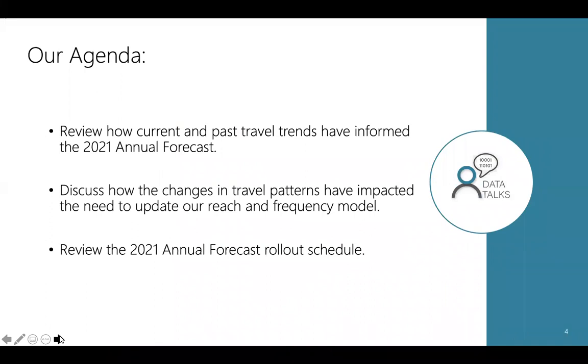And two, that groundwork really helps inform what we're going to be talking about today in terms of the reach and frequency and how those changes in travel patterns have impacted the need to update our reach and frequency model. Then we'll finish up with a review of the 2021 forecast rollout schedule for the next couple of months, so again, make sure everybody's aware of what's coming and what to expect. And then we'll answer any questions as we can.